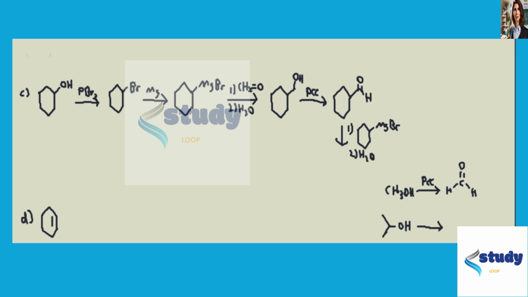That is going to give us our 2-ring structure that we need. So there we go. We'll have an alcohol at that center connecting carbon.